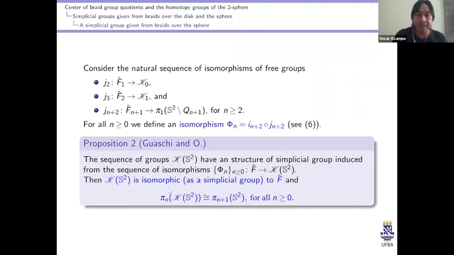Again, I remark that the left-hand side is a simplicial homotopy group, and the right-hand side is the geometric, natural homotopy group. Okay.